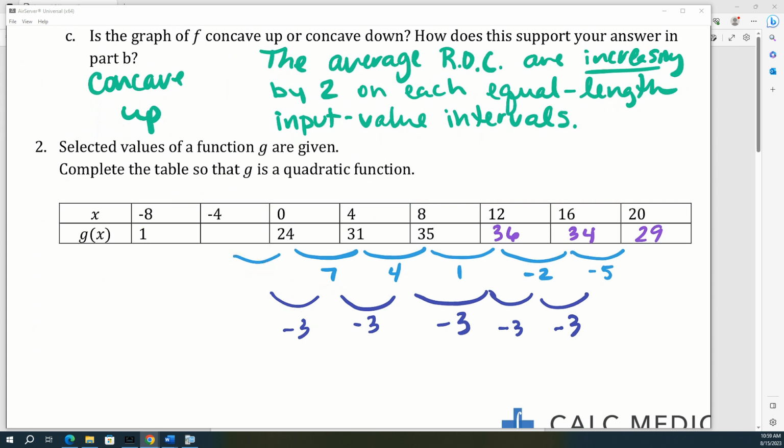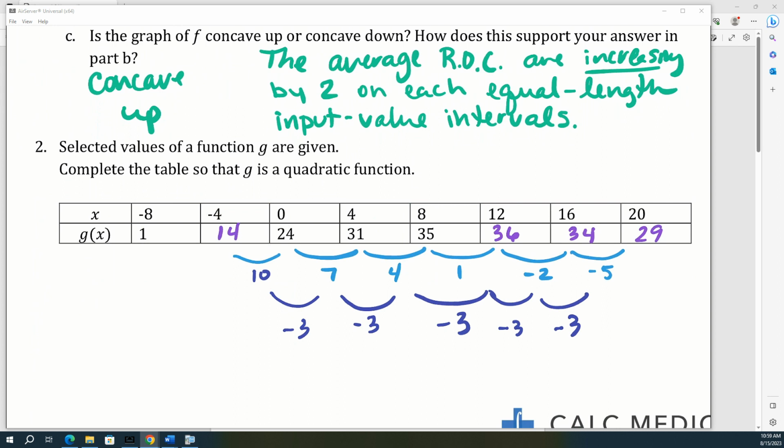So what would that be? 10. All right. And then inside the table, whatever is here to here, this first one needs to go up by 10 to get 24. So what is it inside there? 14. Oops. All right. Any questions on that?